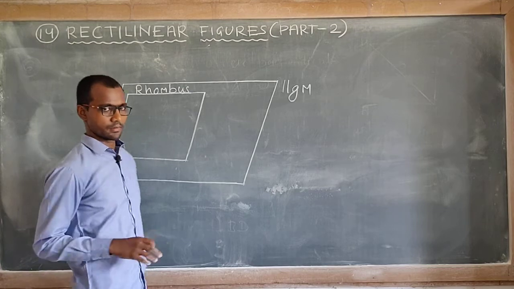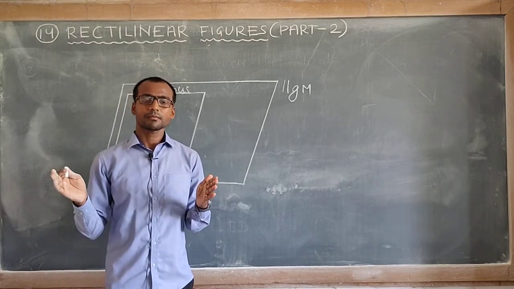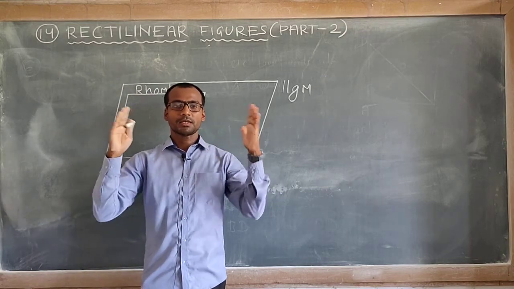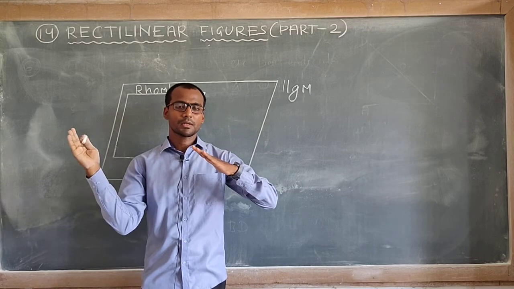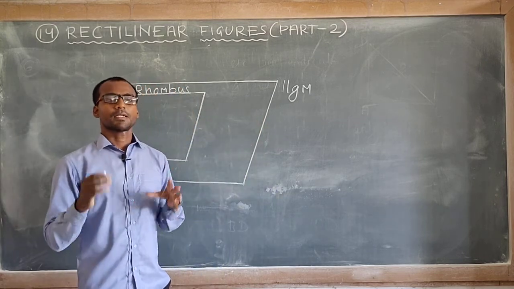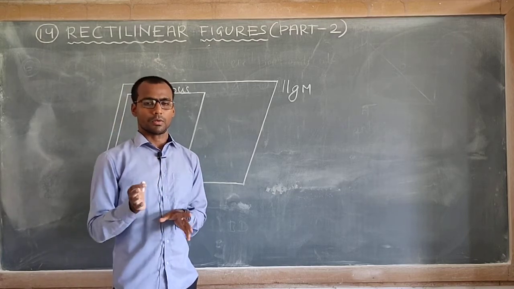Next, rectangle. If you compare the properties of a parallelogram and a rectangle, the only difference is parallelogram is bent, rectangle is straight. We can say every rectangle is a parallelogram. In fact, a rectangle has all the properties of a parallelogram.